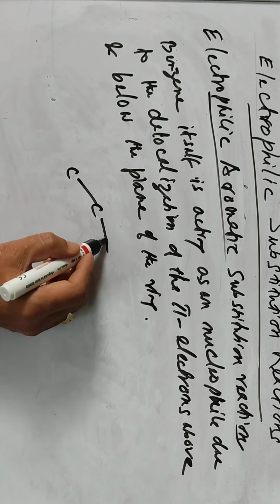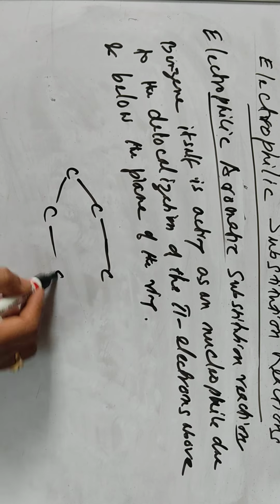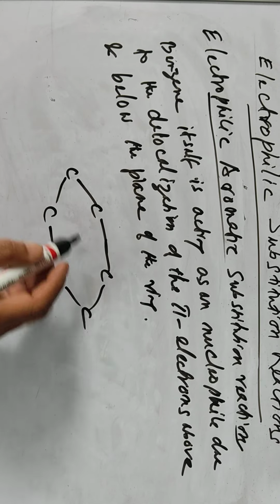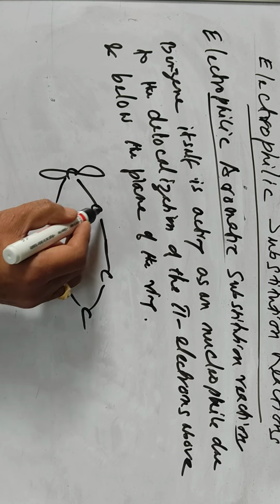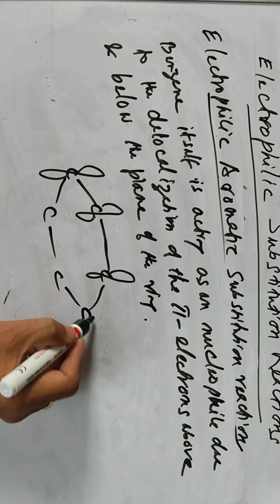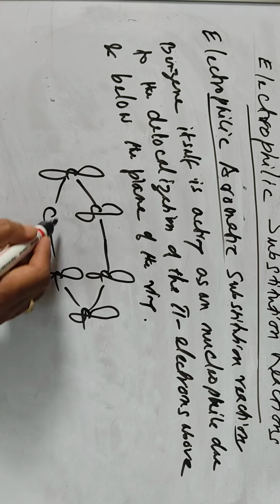You can write the benzene structure, showing how these pi electrons are delocalized above and below the plane of the ring.